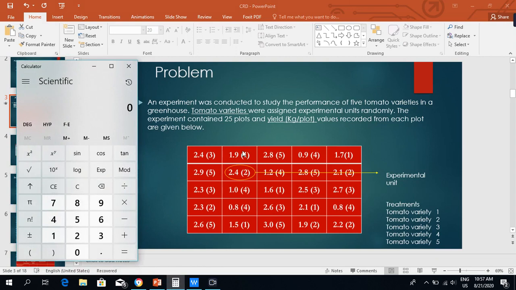For tomato variety 1, 1.9 plus 1.5 plus 1.6 plus 2.1 plus 1.7.